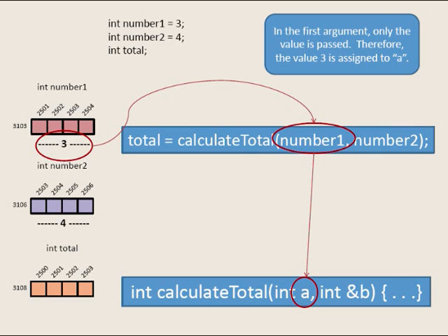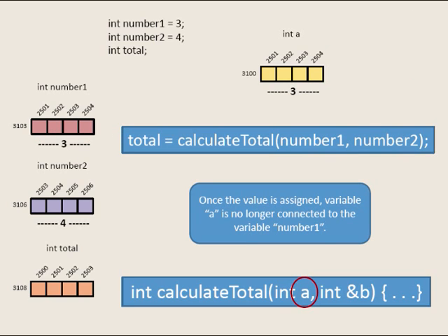In the first argument, only the value is passed. Therefore, the value 3 is assigned to A. Once the value is assigned, variable A is no longer connected to variable number 1.